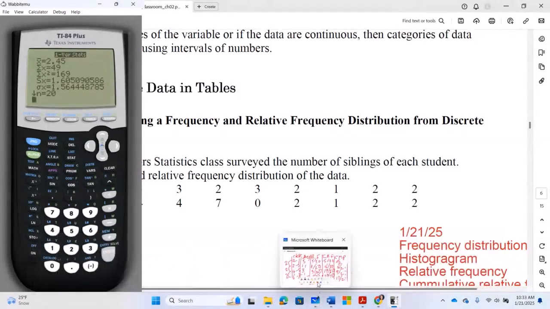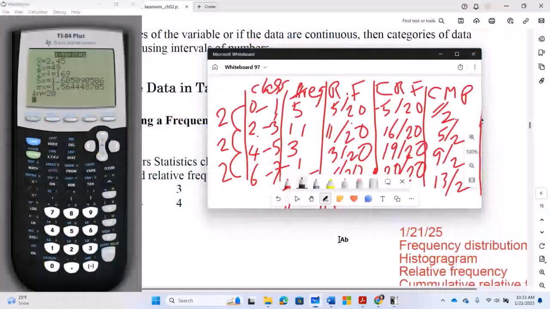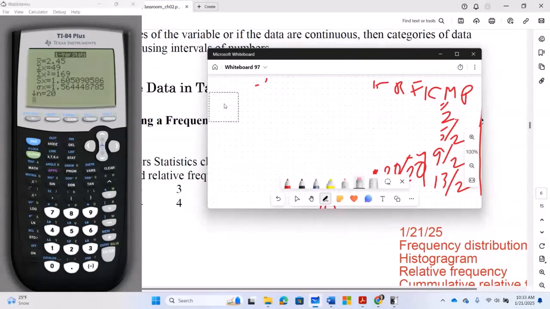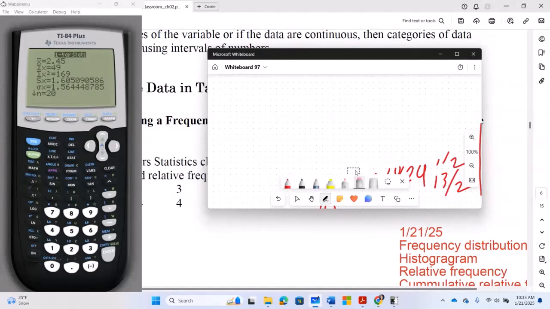I'm pulling up my whiteboard again, and I'm going to clean it up so I can have space. I found the mean. The mean of the data is 2.45.